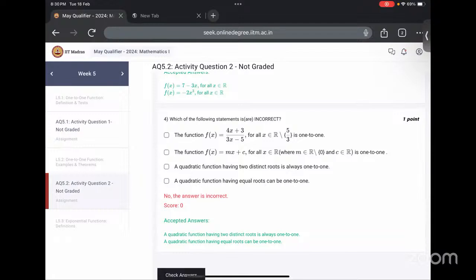Ma'am, it's a difficult one. Can you take us through this, the fourth one? If the fourth one is a little difficult, can you take us through the question? Yeah, sure.